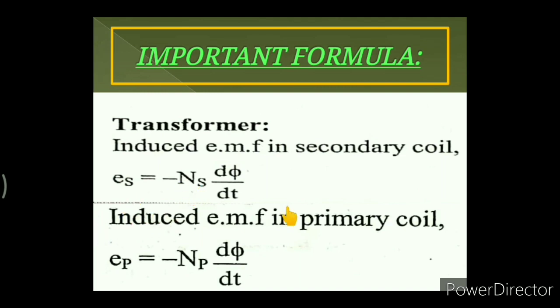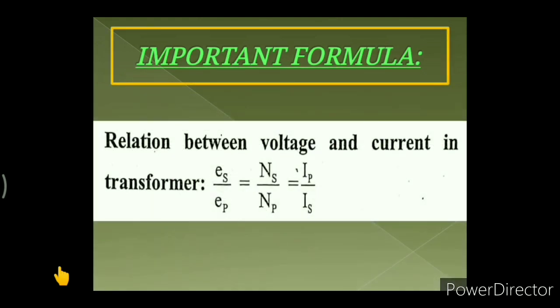And the induced EMF in the primary coil is represented as EP, and it is given as EP is equal to minus NP into d phi by dt, where NP represents the number of turns in the primary coil. Then there is a relation between voltage and current in the transformer, which is given as ES upon EP is equal to NS upon NP, as well as ES upon EP is equal to IP upon IS.